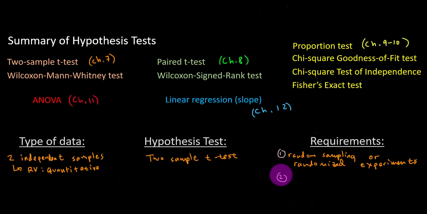Second bullet here, we need independent observations. The length of one fish does not influence the length of the next fish, things like that.